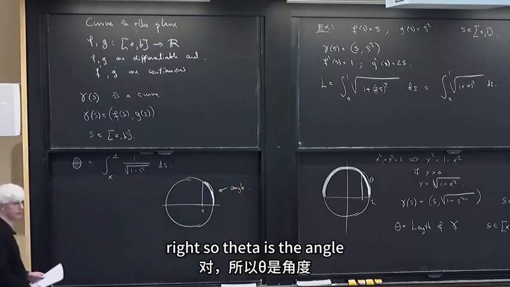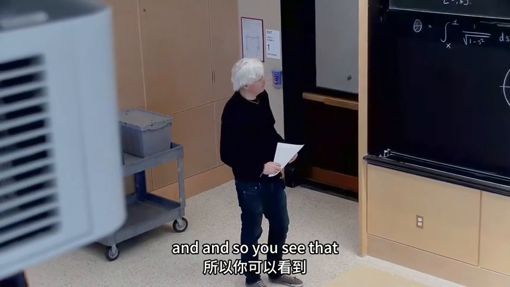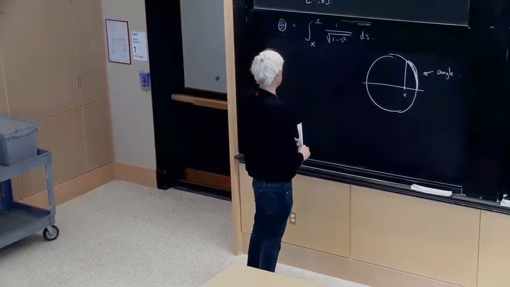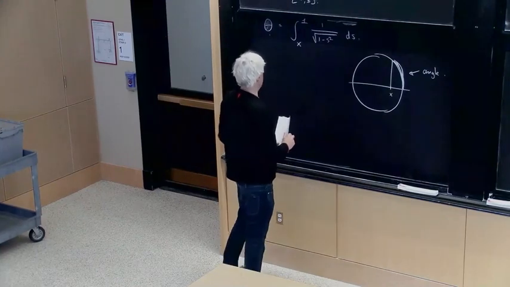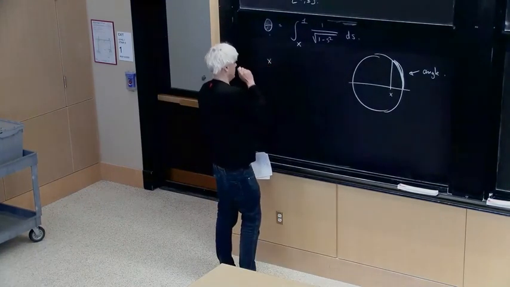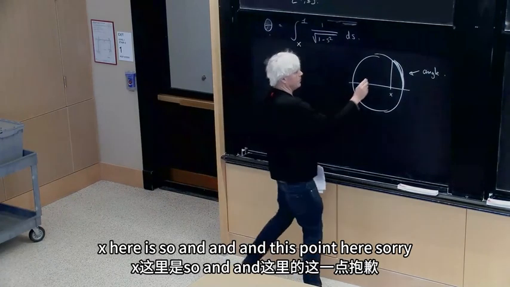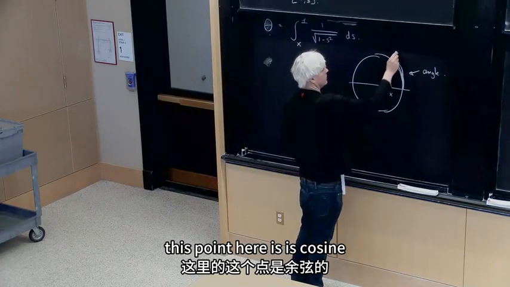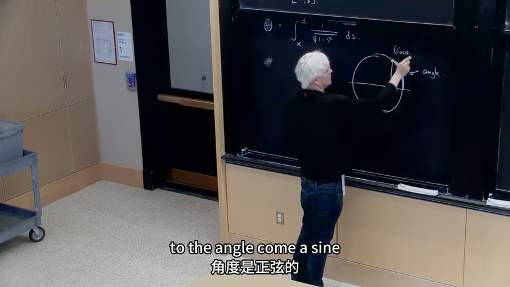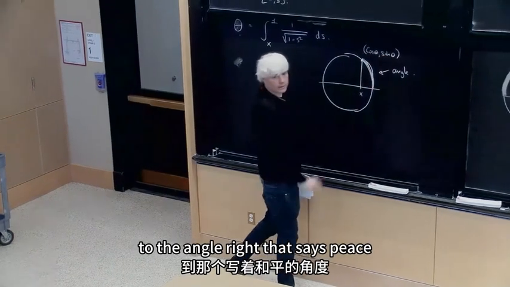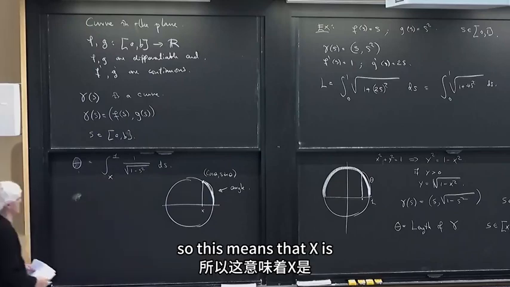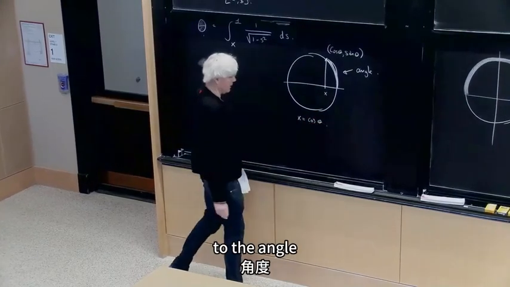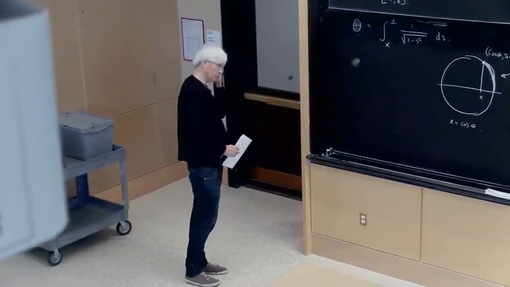So theta is the angle, and this point here is cosine of the angle, comma sine of the angle. So this means that x is actually cosine of the angle, right?